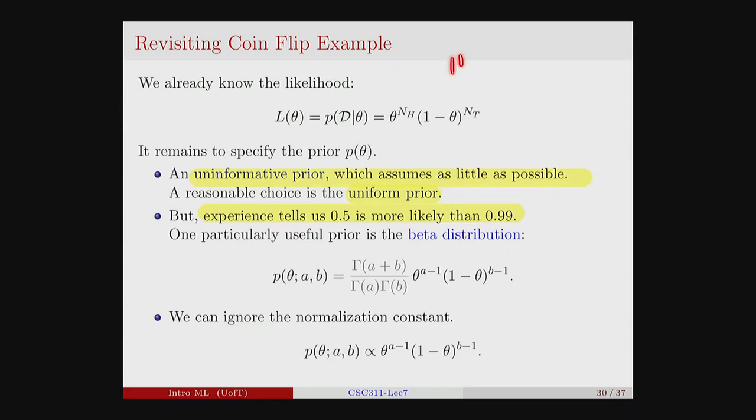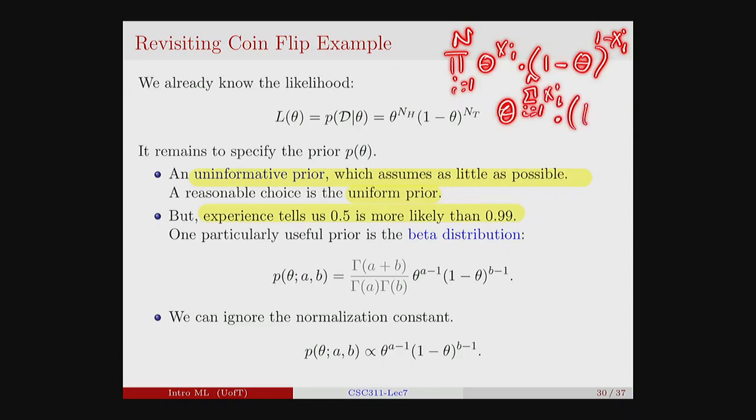That's just the product over i equal to 1 to n of theta to the xi times 1 minus theta to the 1 minus xi. And if you were to actually multiply these numbers together, you can move the product into a summation within the exponent to get theta raised to a summation over i equal to 1 to n of xi, times 1 minus theta raised to a summation of 1 minus xi.